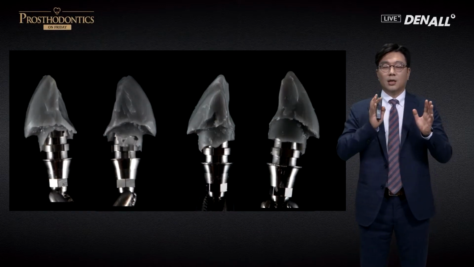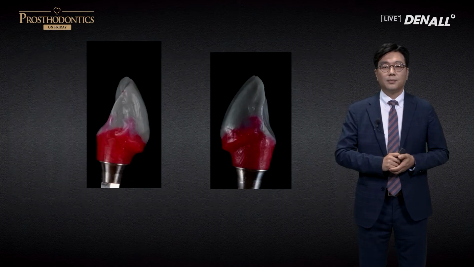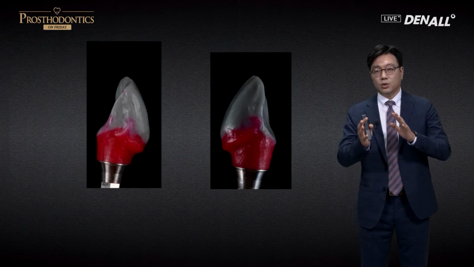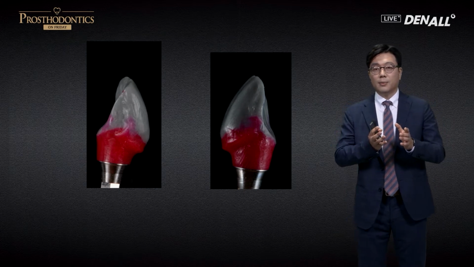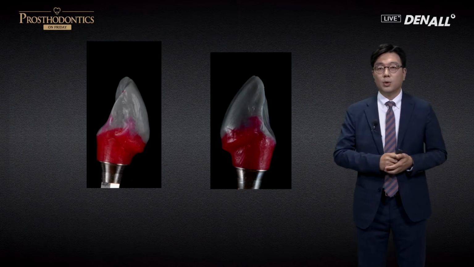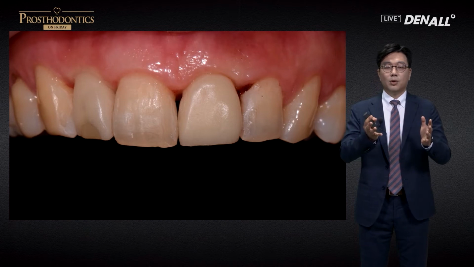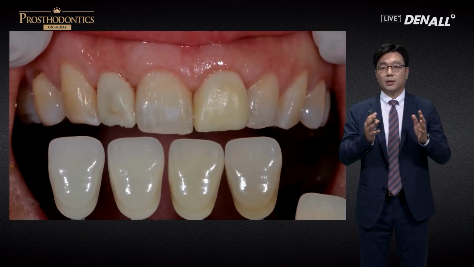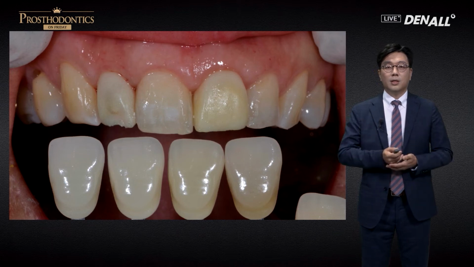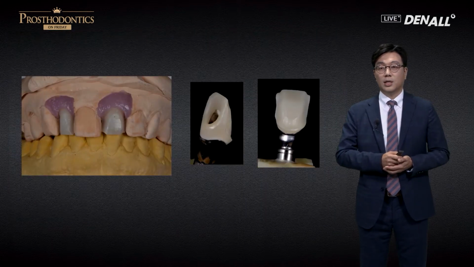From now, discussions with the lab team are activated as to which part will be pressed and how thin the platform will be. And the form is completed, is replicated to make the provisional restoration. And over time, the gingiva fills up and the shade is selected and sent to the lab.